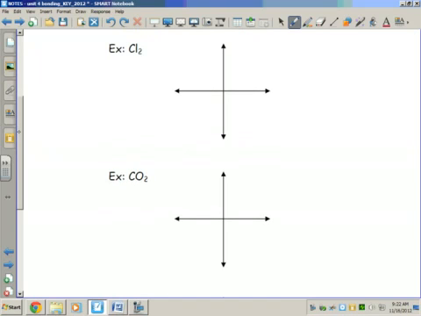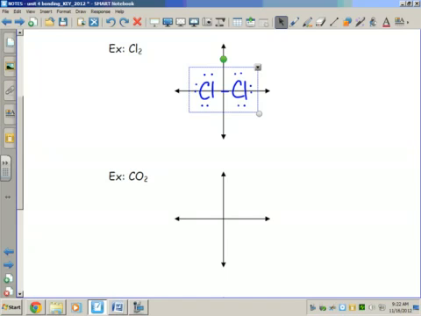We're going to start with the simplest kind of molecule, which is a binary compound like Cl2. And it's pretty easy to see that no matter what we do, Cl2, top to bottom, left to right, is symmetrical.